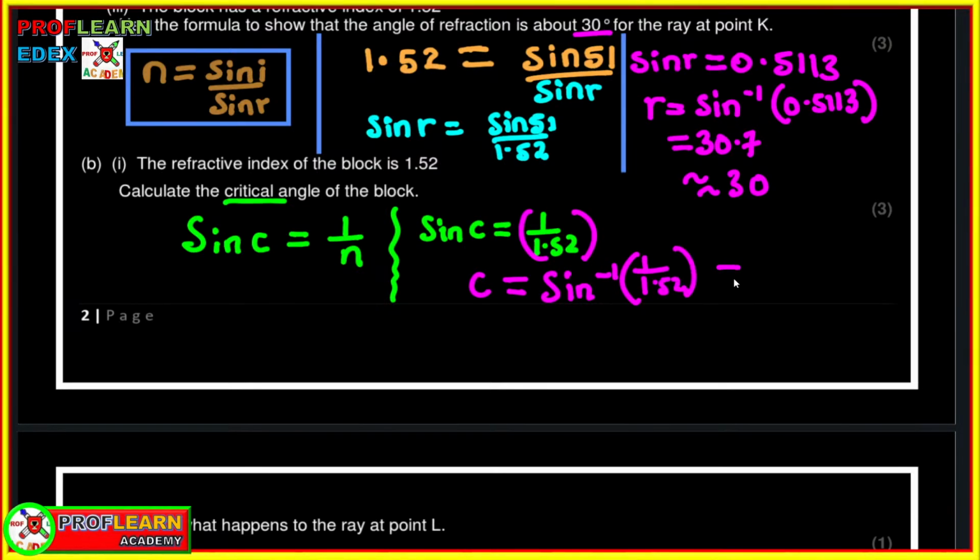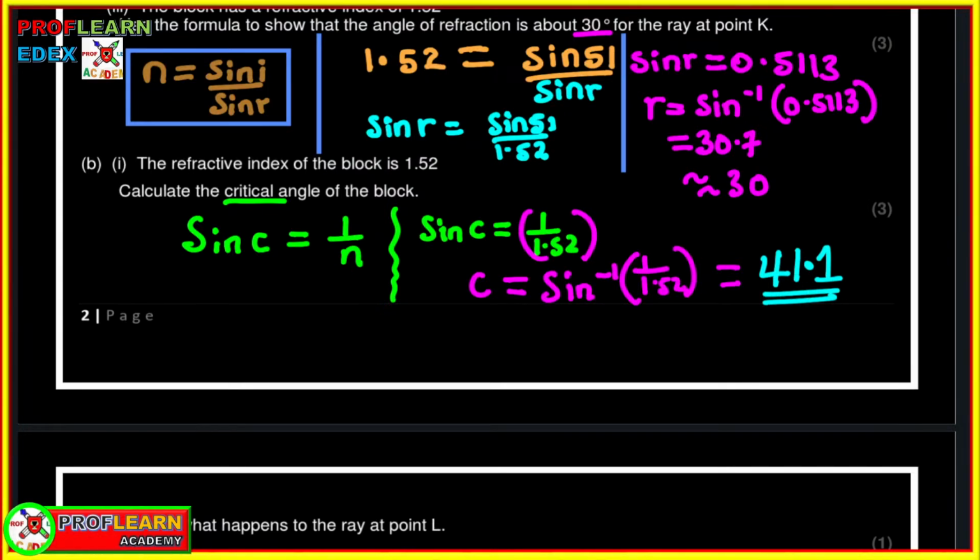If you just press that into your calculator, can you check what you're going to get? Shift sine of whatever we have. Write and comment down below what critical angle you are getting. I'm getting 41.1 as our critical angle.